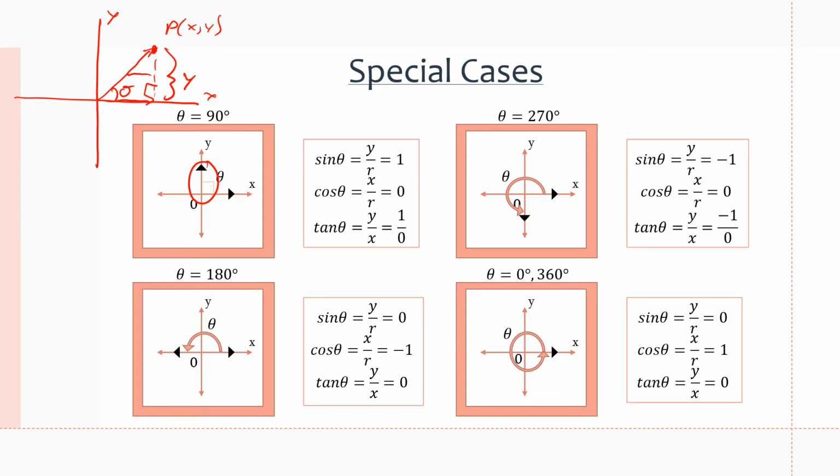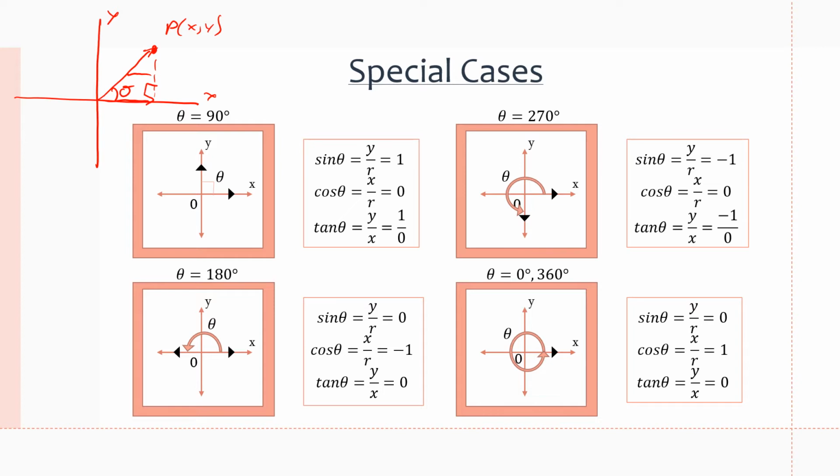Pretend we're squishing this triangle with a hand, pushing it this way, squishing it to the left. Once we hit the axis, our y side is going to be the same length as our r side, and we just say that they have a length of 1, so we can write our ratios. So if we have a length of 1 for our y-coordinate and a length of 1 for our hypotenuse, which is r, now we can give our primary ratios.